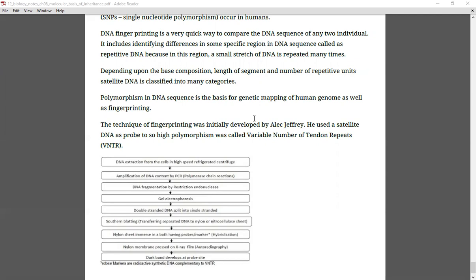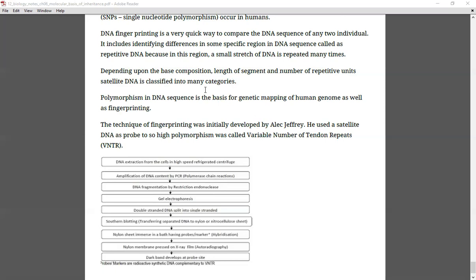Now, depending upon the base composition, length of segment, and number of repetitive units, satellite DNA is classified into many categories. Here, depending upon the base composition, that means the formation or the joining of the corresponding base pairs, right?